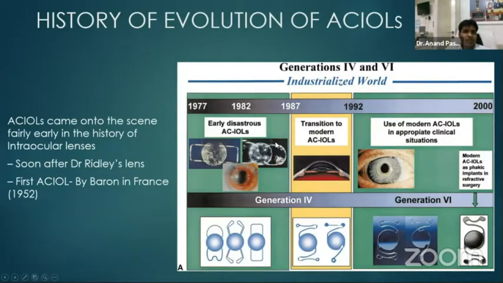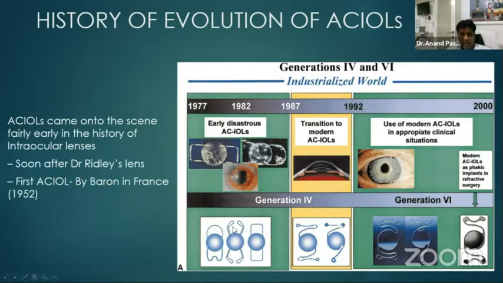Let's begin with the history and evolution of anterior chamber IOLs. The anterior chamber IOLs came onto the scene fairly early in the history of intraocular lenses, soon after Dr. Ridley used the first lens, and the first anterior chamber IOL was used as early as 1952. As the IOLs kept evolving, the anterior chamber IOLs also kept evolving.